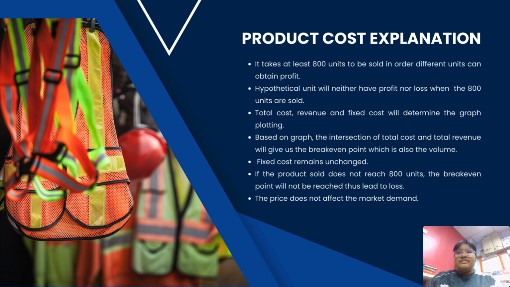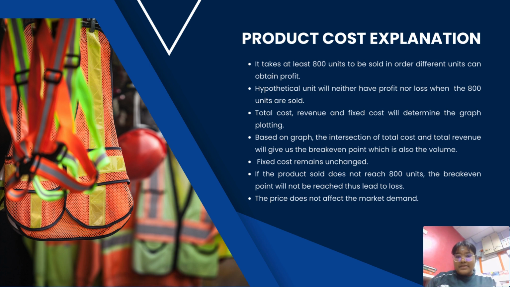Since it is independent, it doesn't vary. The total cost, revenue, and fixed cost will determine the graph plotting, and correlate to the profit and loss. Based on the graph, the intersection of total cost and total revenue gives us the break-even point, which is 800 units.